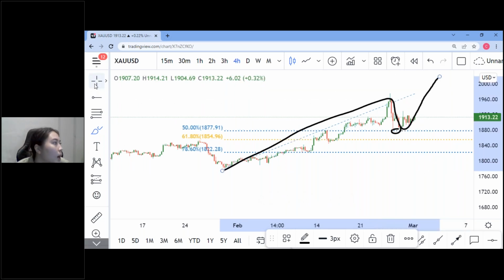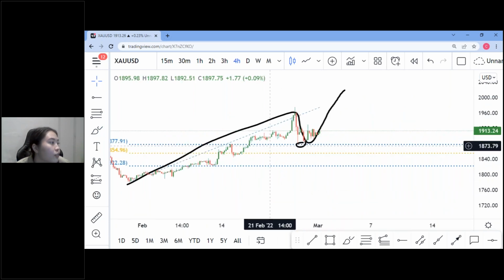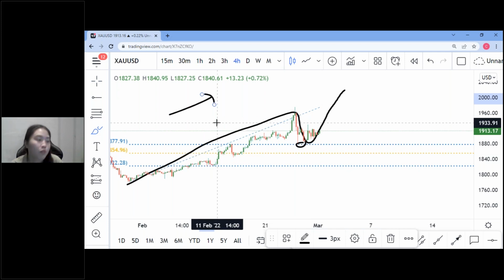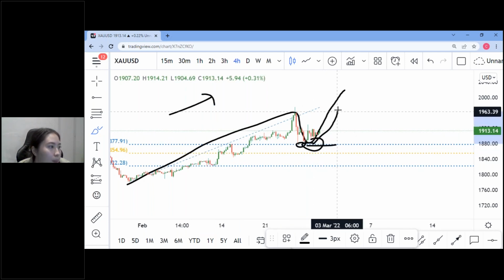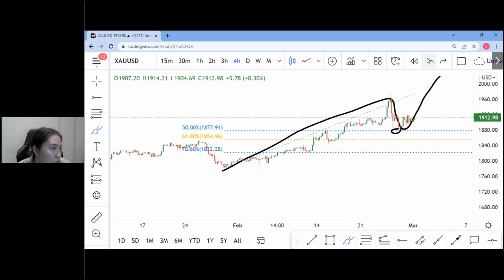Usually traders who are biased on an uptrend look for an entry for a buy. When price came to the 50%, there were probably a lot of traders who entered here for a buy and are now holding their buy position, probably waiting to take profit.